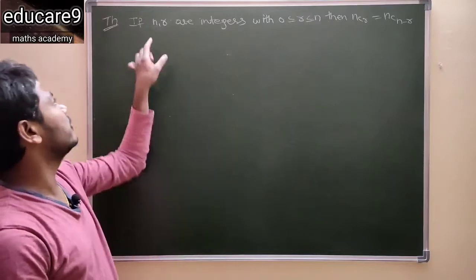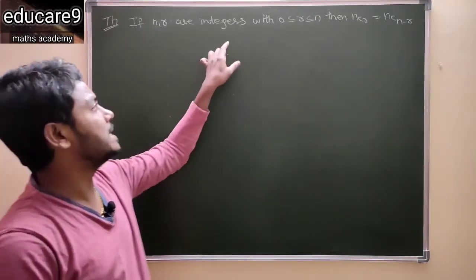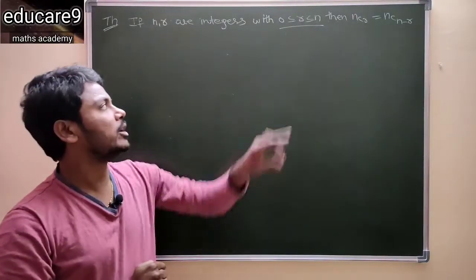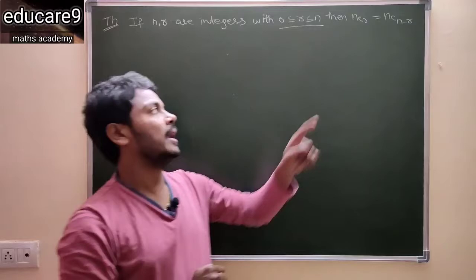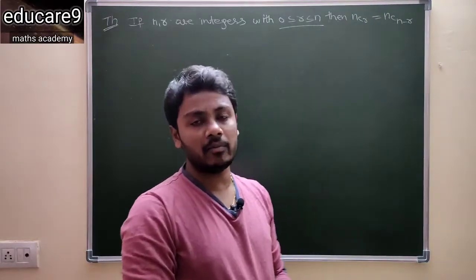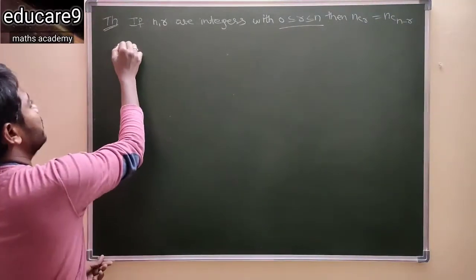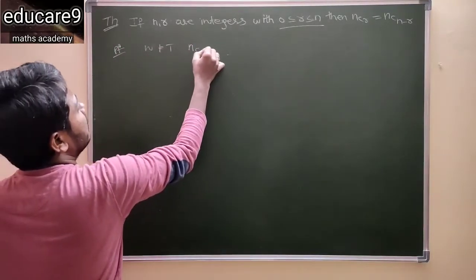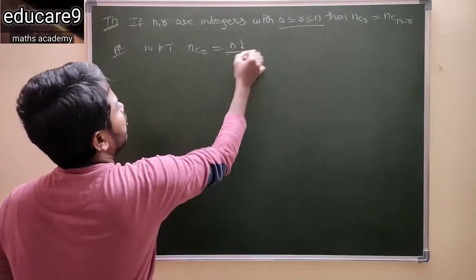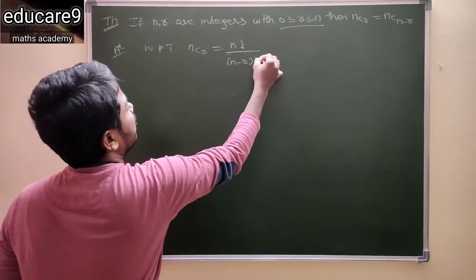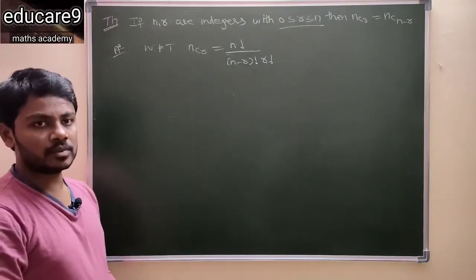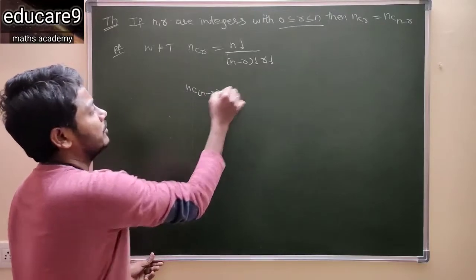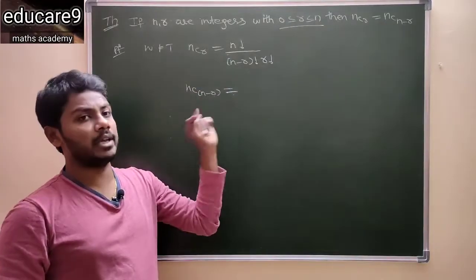See the next theorem. If n, r are integers with 0 less than or equal to r less than or equal to n, we have to remember this condition. Then nCr is nC(n minus r). Proof: you know the nCr formula is n factorial by (n minus r) factorial into r factorial. Similarly, for the nC(n minus r) formula, replace r by n minus r.